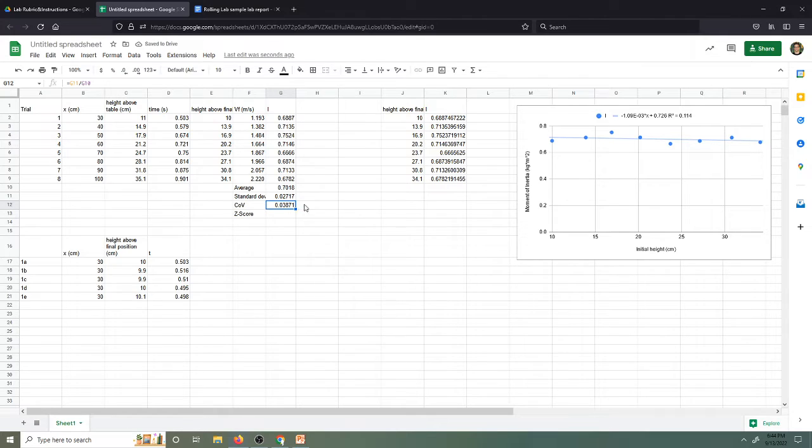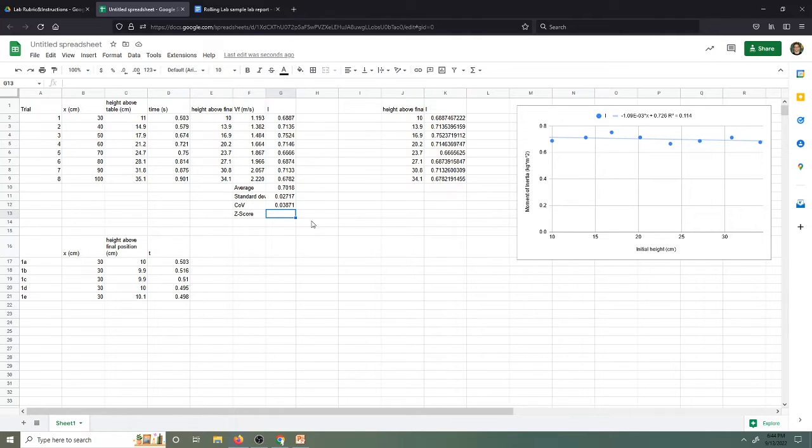This is kind of like a percent. We'll talk more about this in class. The standard deviation is a measure of variance, and coefficient of variance turns it into kind of a percent. That's going to be useful because we're going to compare it against the percent error in our repeated trials.